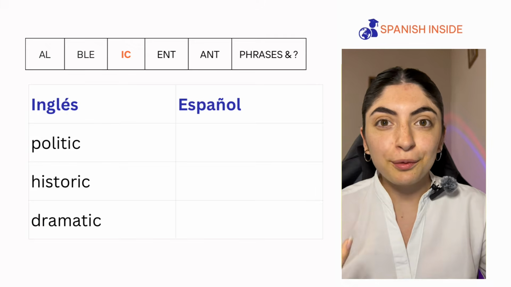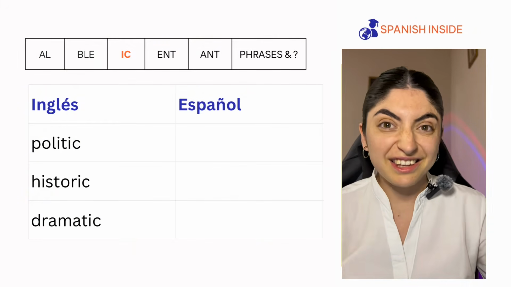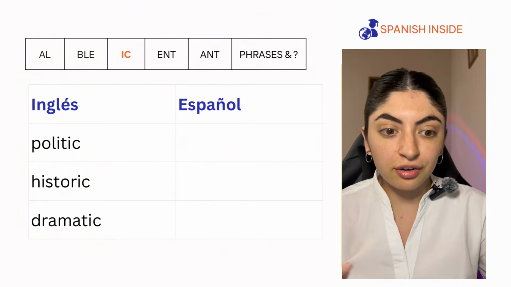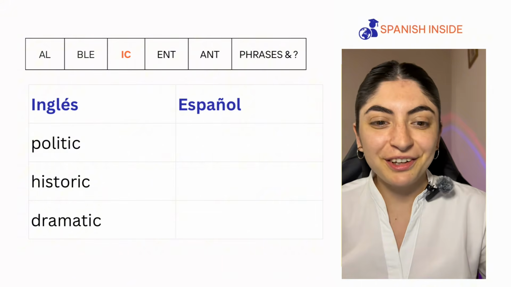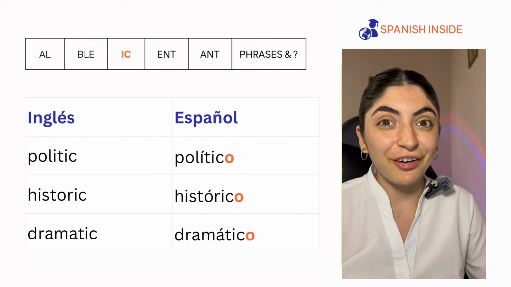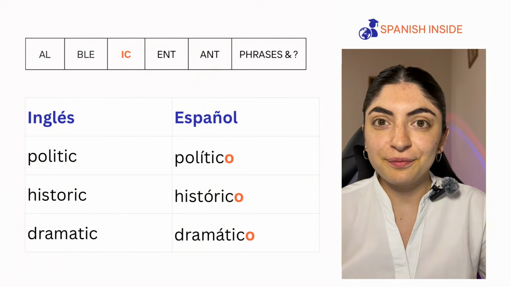Politic. How would it sound if you add an o at the end? The same with historic, the same with dramatic. I'll show you. Here you are. Político, histórico, dramático.